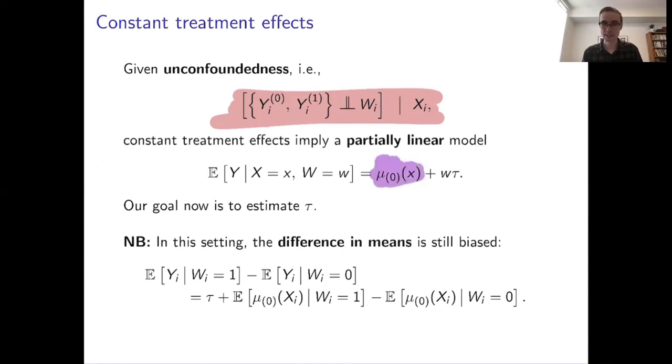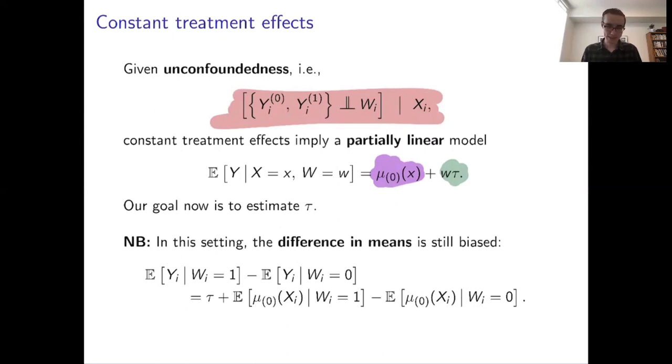It's first the baseline effect. This is the expected control potential outcome given x. It may vary with x. And then if you treat it, your treatment effect gets bumped up by tau. That's the constant treatment effect part. And this tau is the thing we want to estimate.